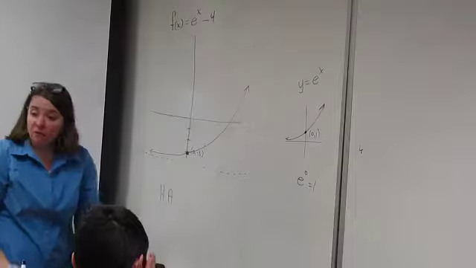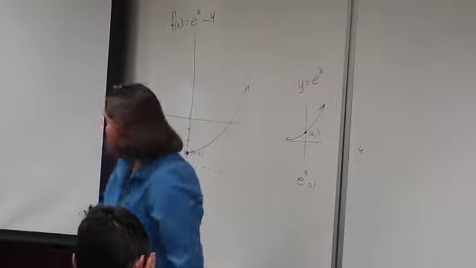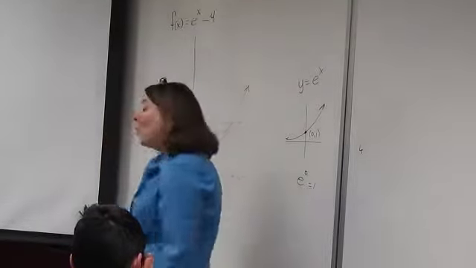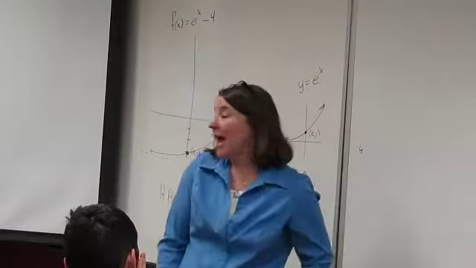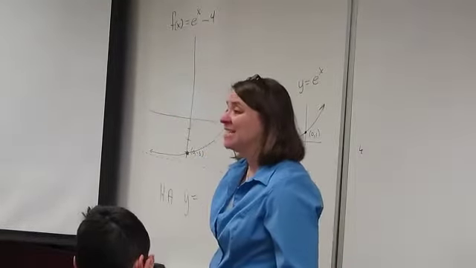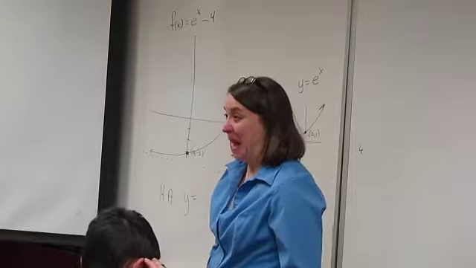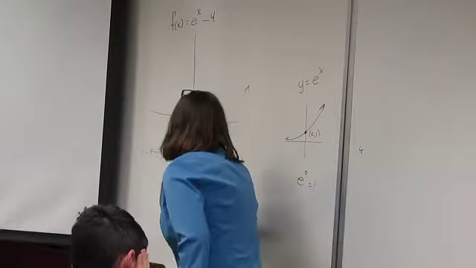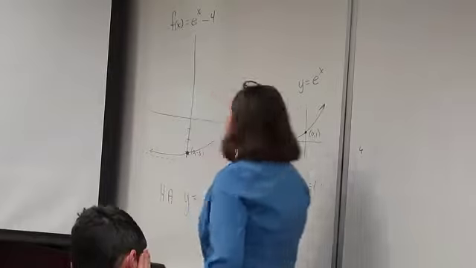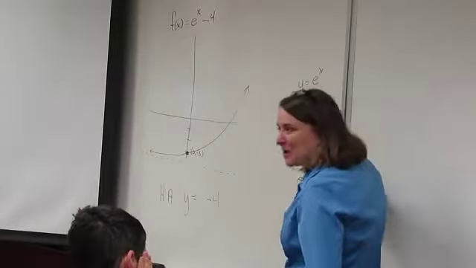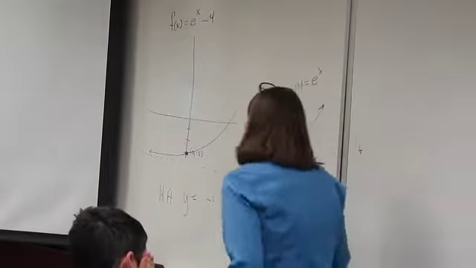I've got 3 follow-up questions. What is the horizontal asymptote of that transformed graph? Negative 4. Because originally the horizontal asymptote was 0. Good. Okay.